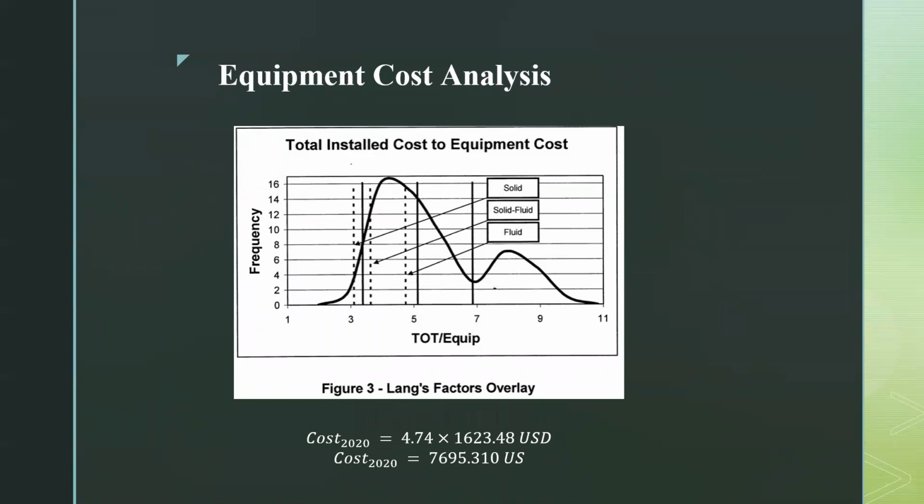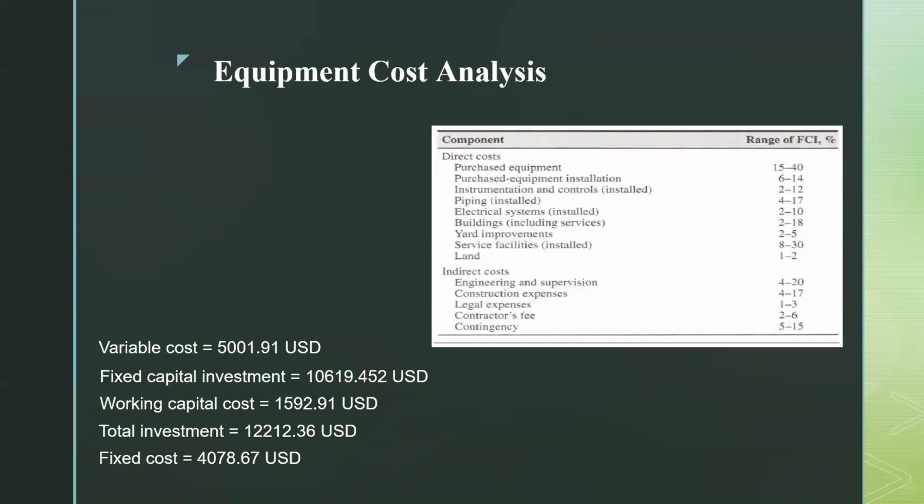The Lang factor is the estimated ratio of the total installed cost of the equipment to the equipment cost. We got it to be 4.74 from this figure, and we have the total cost, which equals 7,700 USD.